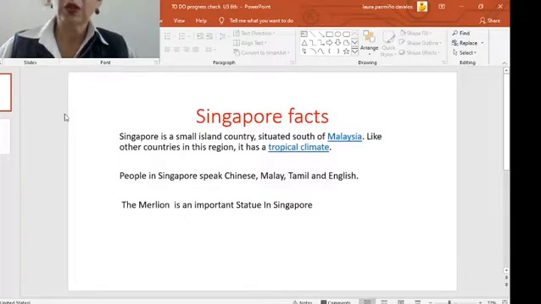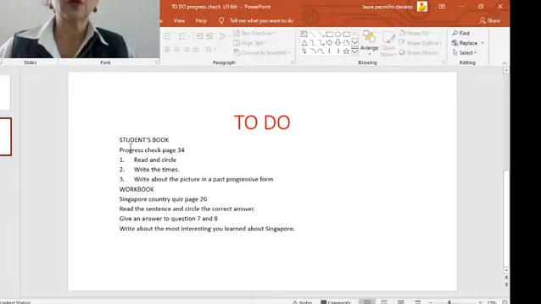Now, what you need to do? You have to work on the student book, progress check, page 34. Then you read and circle, that's number 1. Instruction number 2, you write the time in words.